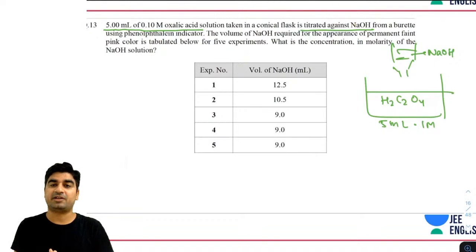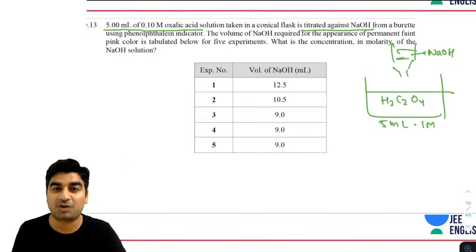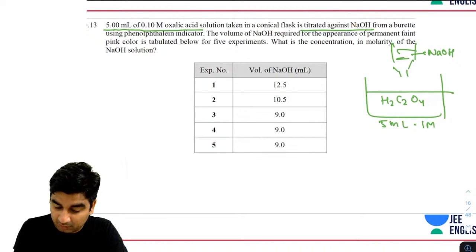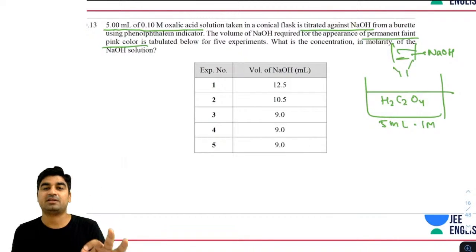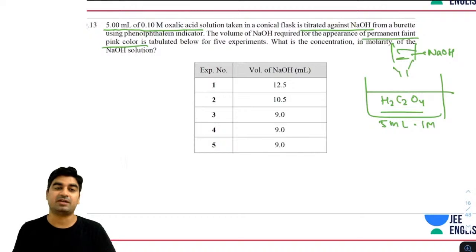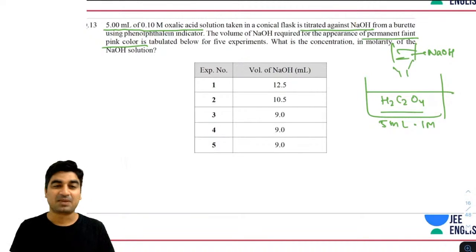So phenolphthalein indicator will tell you when your solution turns basic. So from the ionic equilibrium, the volume of NaOH required for the appearance of a permanent faint pink color: the pink color indicates that all acid has been exhausted and now the solution has become basic. So you must remember the color of phenolphthalein.